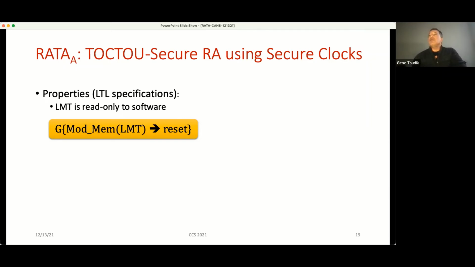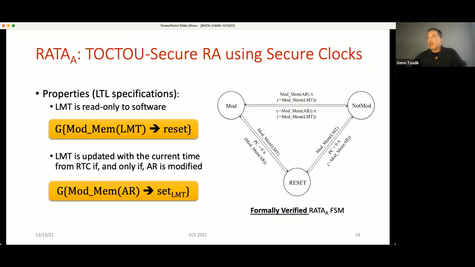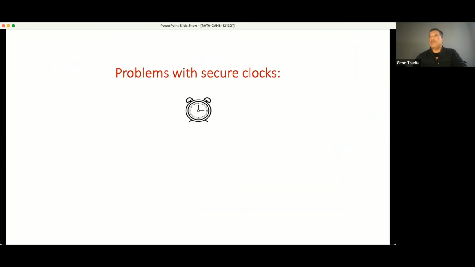To do so, we take several steps, including formally specifying the properties in linear temporal logic. This is just an example of the LTL statements that we come up with for this very simple RATA A design. If you know LTL, these are very trivial. There's also a state machine that has to be specified as part of the verification pipeline, and essentially what I already described is the analog of this finite state machine.